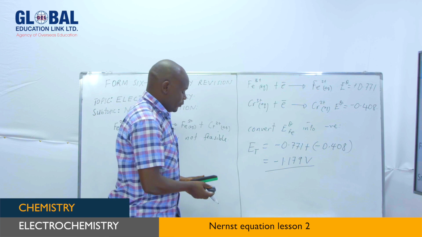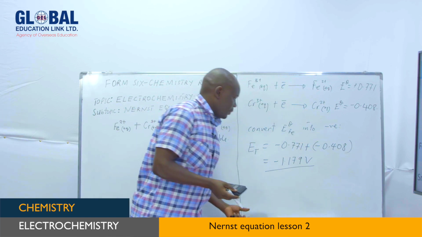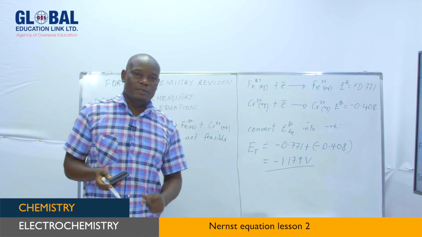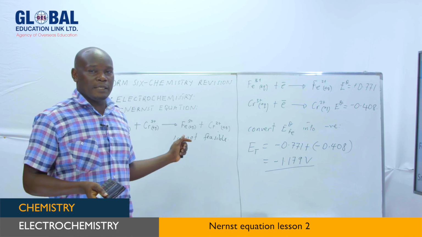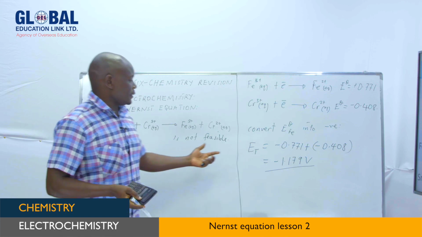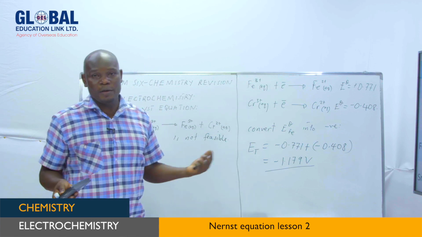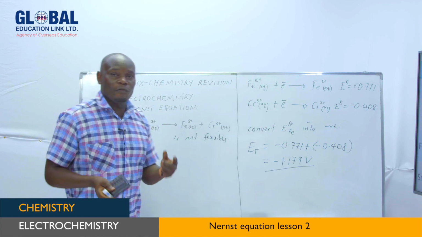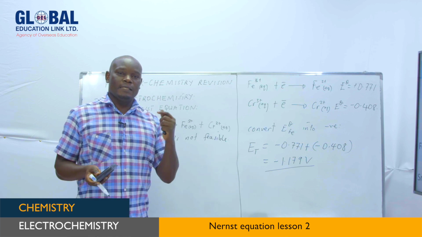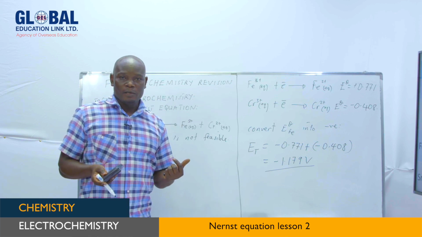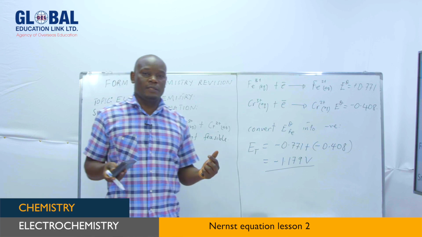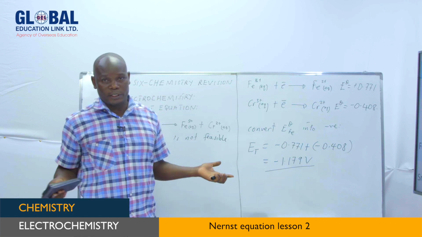Now, if we compare the normal application of standard electrode potential to our life situation, we are using a lot of different materials made up of metals, and each metal has its standard reduction potential. So how can you prevent those metals from corrosion?